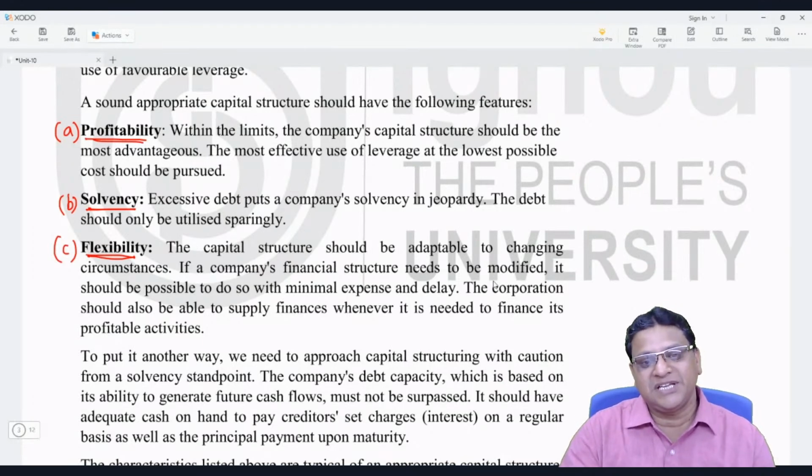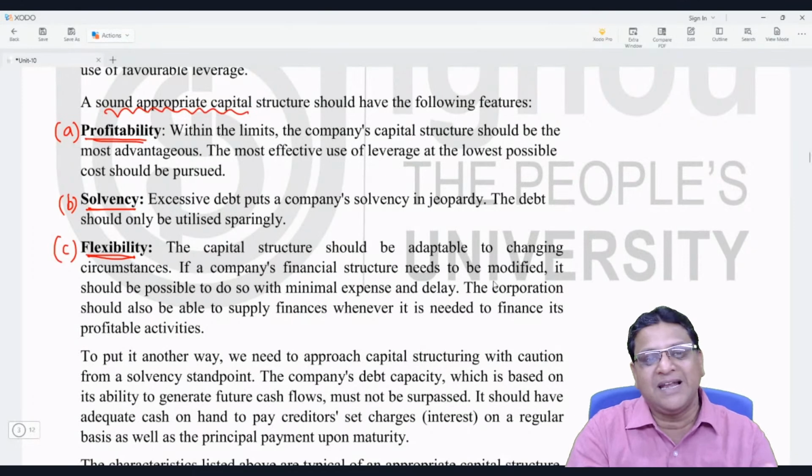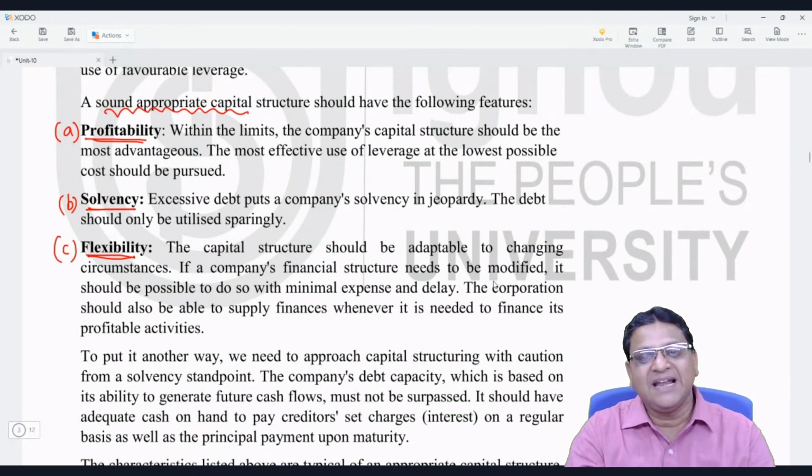Hence, a business may use more and more debt capital, and use of debt capital creates financial leverage in the business. So in appropriate capital structure or sound capital structure, we have to decide the appropriate level of financial leverage.